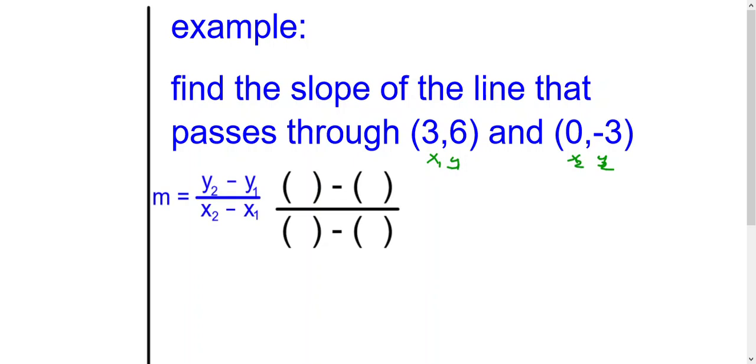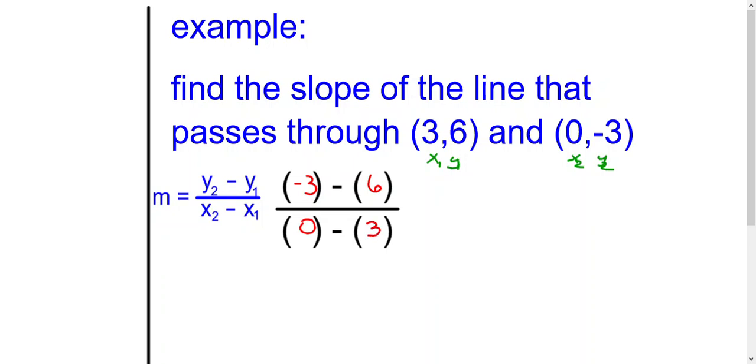Okay? I'm going to use my slope formula, and I'm going to put it into my formula here. So I'm starting with y2, which is negative 3. The subtraction comes from the formula, and then y1 is 6. In the denominator, I have x2 minus, from the formula, x1.